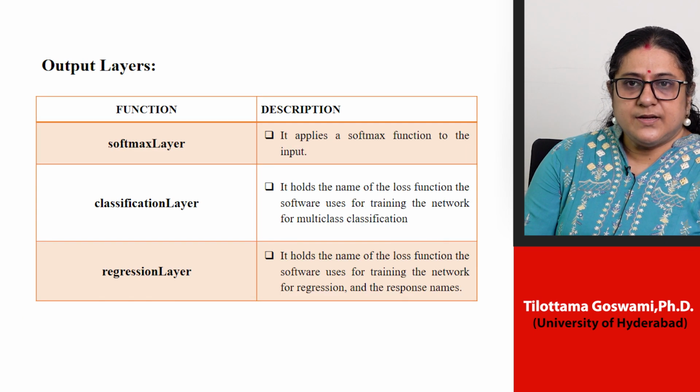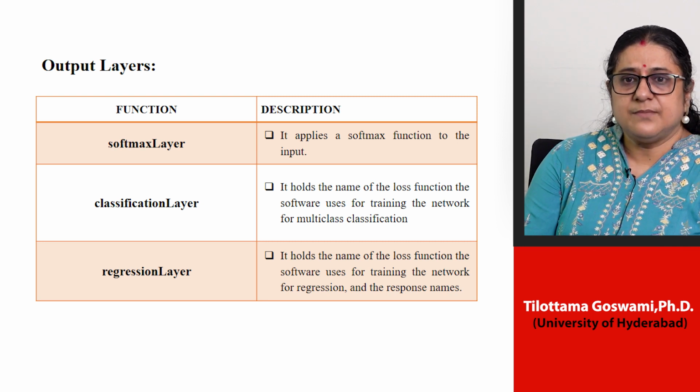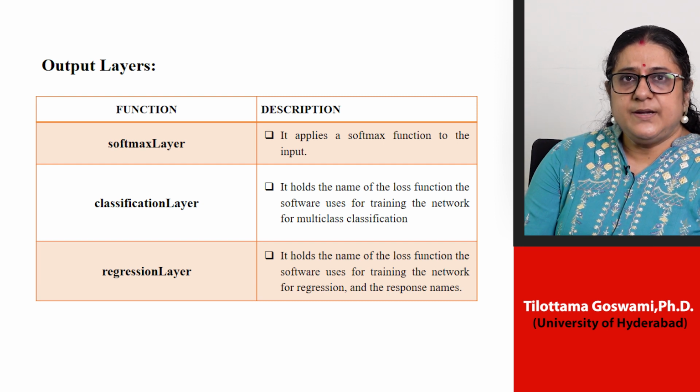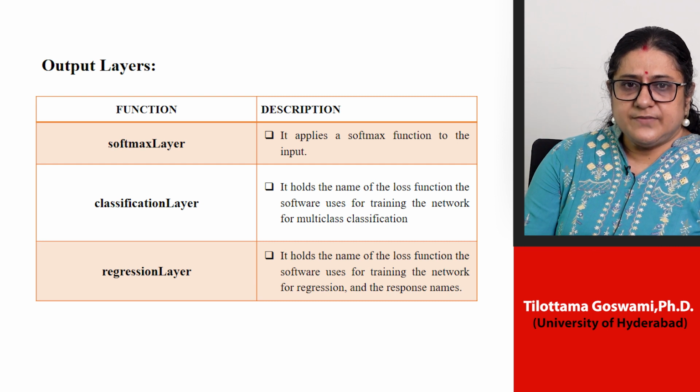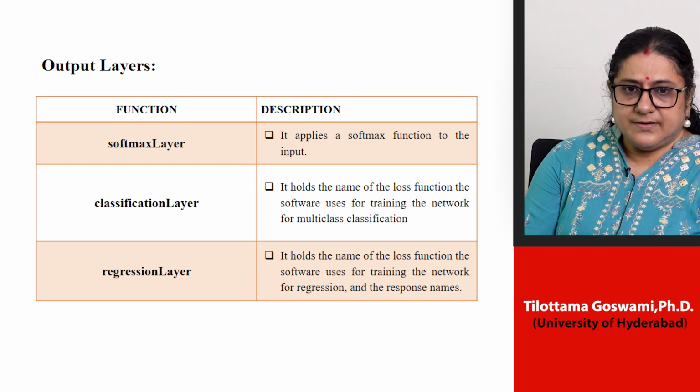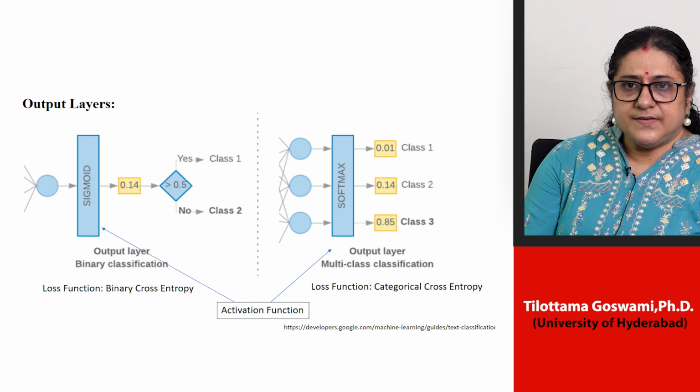Output layers. Finally, coming to the output layers, it can be binary classification, it can be multi-class classification, it can be for regression tasks. Depending on that, we call it the softmax layer, the classification layer, the regression layer. Here in this example, we can see the output layers where sigmoid is used for binary classification and softmax is used for multi-class classification.